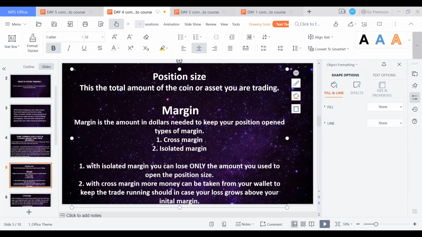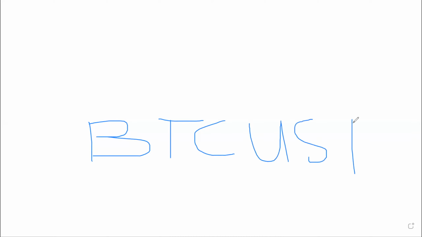Let's say you have a coin like BTC USDT on futures trading.